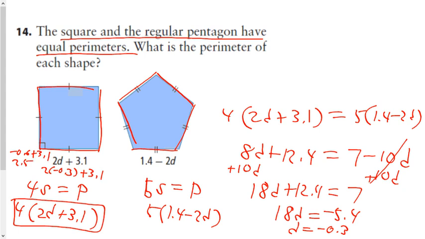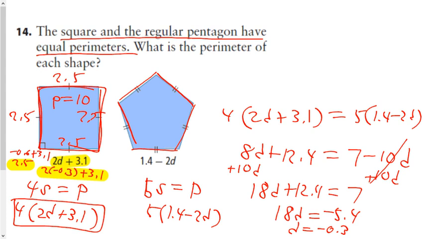So when I substitute d for negative 0.3 and work it out using BEDMAS, this expression here, when d is negative 0.3, is actually equal to 2.5. So this is 2.5, this is 2.5, this is 2.5, this is 2.5. So the perimeter of that square is actually 10.